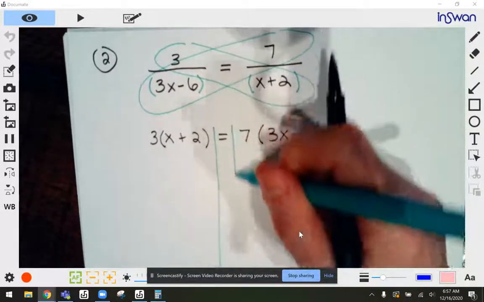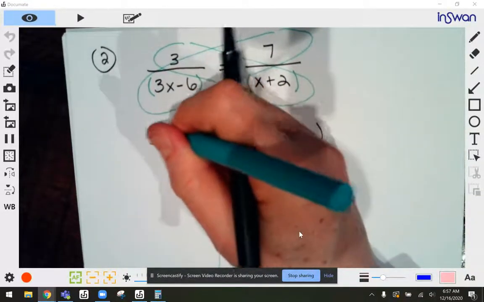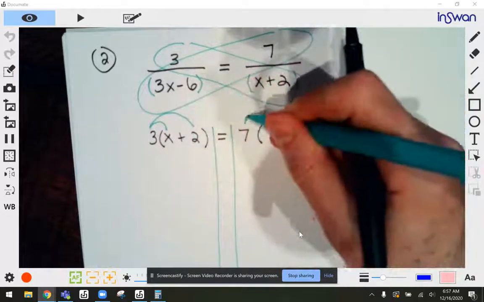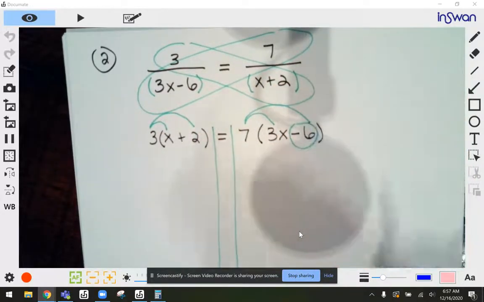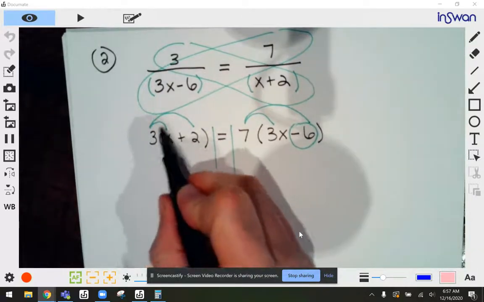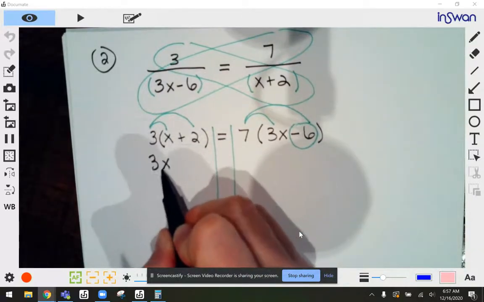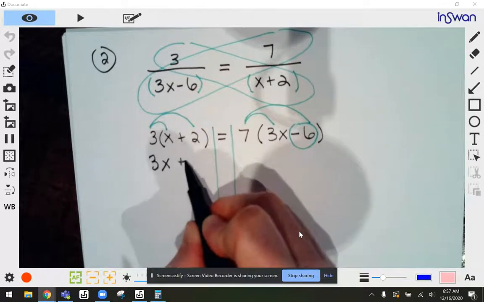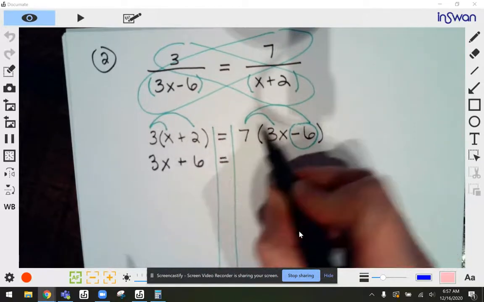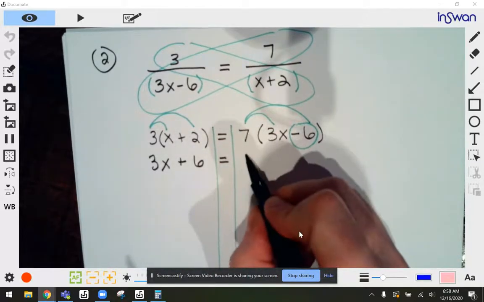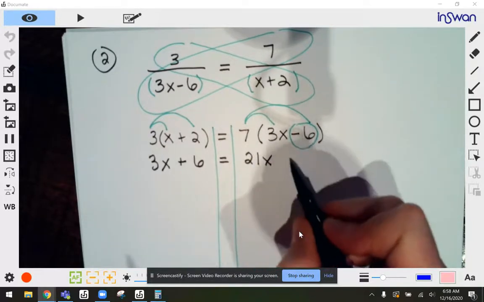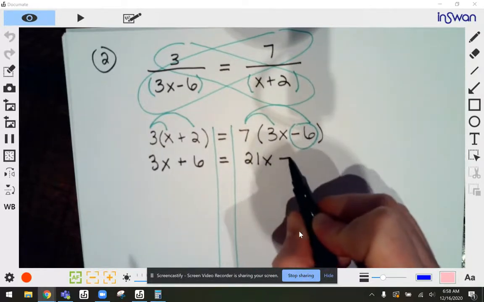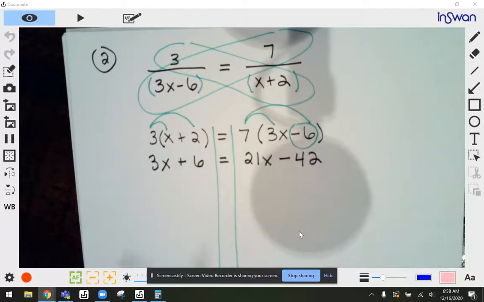Okay, let's make our dividers, and we need to distribute on both sides. I'm noticing a negative 6. I'm going to circle that so I don't forget it. Okay, 3 times x is 3x. 3 times 2 is 6. 7 times 3x is 21x, and 7 times negative 6, those are different signs, will be negative 42.